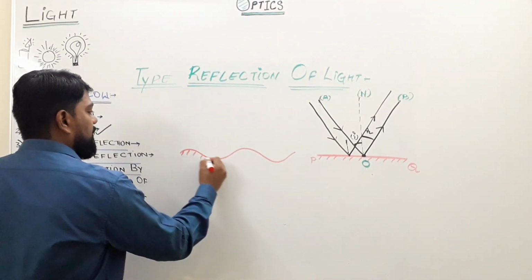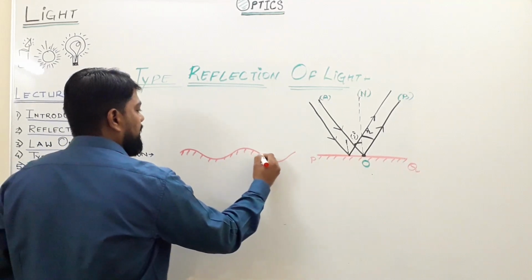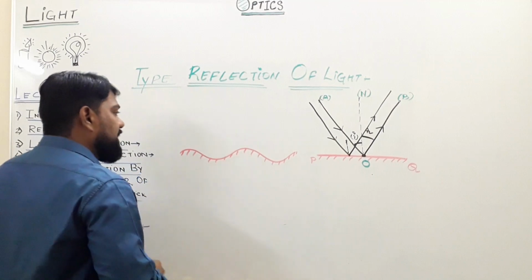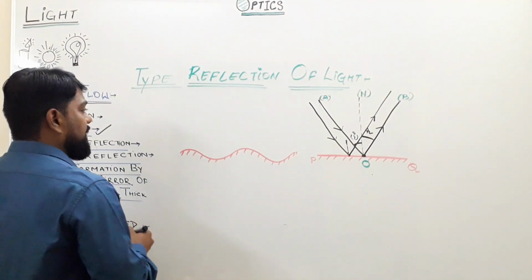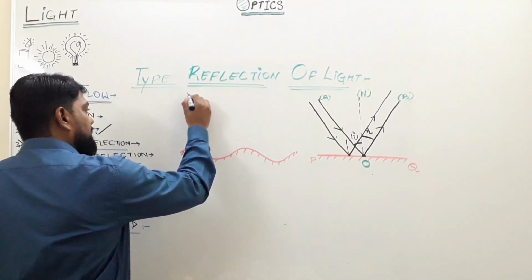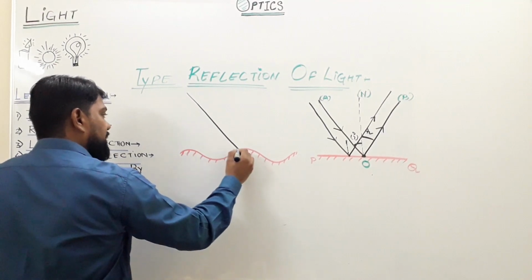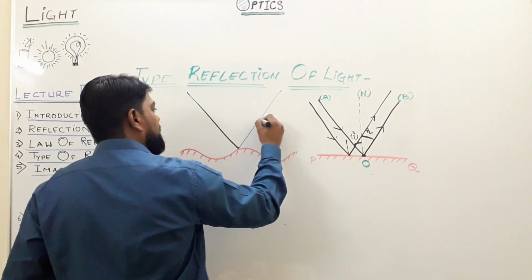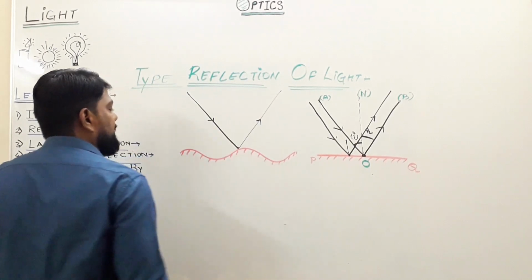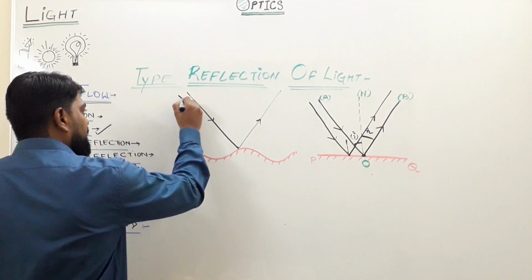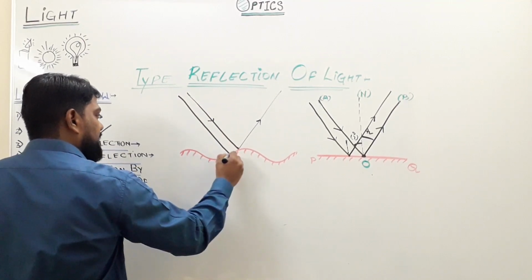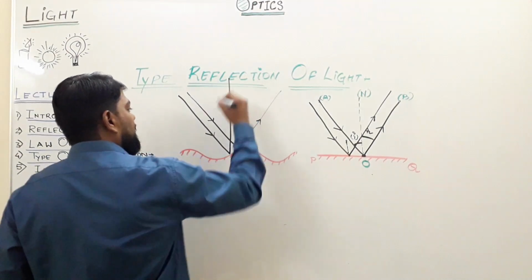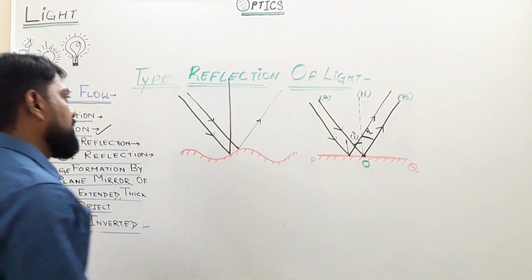If we have this type of mirror or surface, which is a little bit rough, then when reflection takes place, suppose this incident ray strikes here, and it will go like this. And suppose we have one more incident ray, parallel to the first one. What happens now? This incident ray may go like this.